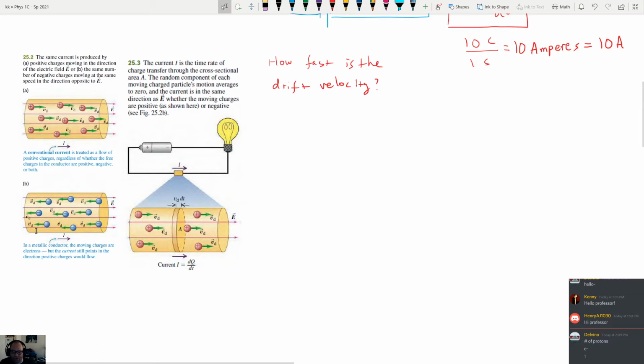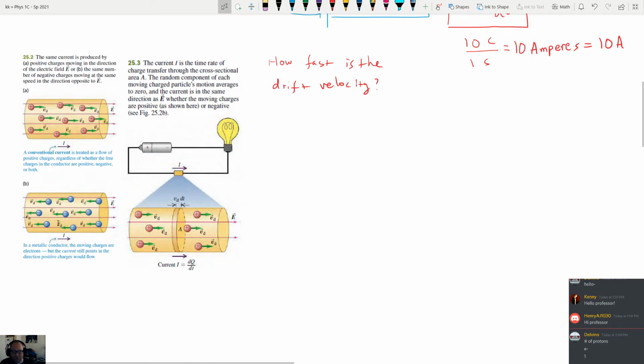So as it says in the bottom, in a metallic conductor, the moving charges are electrons, but the current still points in the direction that positive charges would flow, okay? So electrons are going to tend to move to the left, but we still define the current flow to be to the right, even though the electrons are going backwards because they're negative, right? We're interested in the direction of positive charge flow.